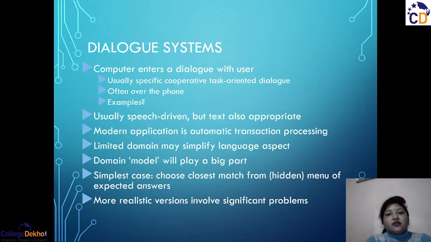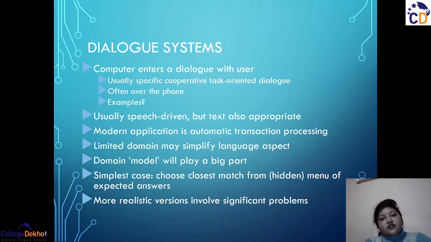The companies are using dialogue systems which generate responses keeping in mind what the user is asking, right? You just give speech to that machine and the machine is going to give you the answer, right?